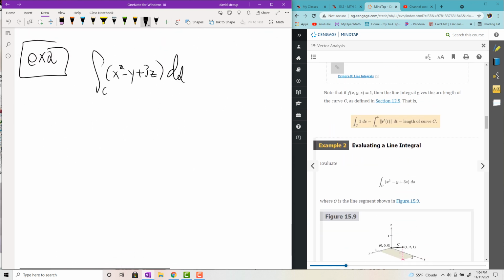So they show you the curve, which is going from 0, 0, 0 to 1, 2, 1. This one's easy.